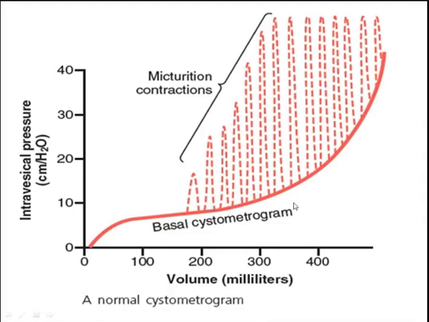After that, when the volume increases from around 300 to 400 ml, these micturition contractions start appearing, due to the micturition reflex, that is, contraction of the detrusor muscle. I'll tell you about the micturition reflex and how the micturition contractions occur.